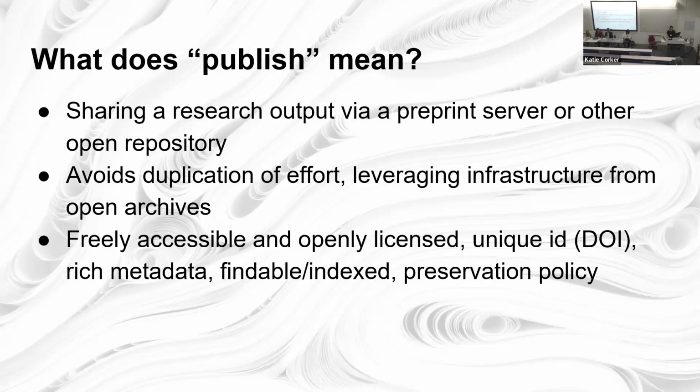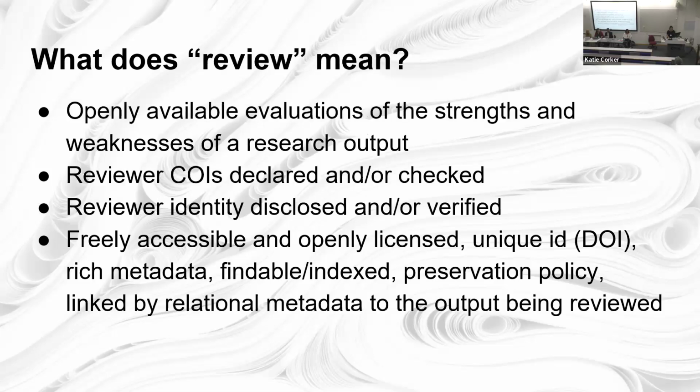The published outputs are freely accessible and openly licensed. They need to have a unique identifier. They need to have rich metadata, be findable and indexed, and be preserved under a preservation policy. So the short way of saying this is that they need to be FAIR, but that's a loaded, jargony term. And people don't always necessarily think about publishing articles, especially as being FAIR outputs, but they are. They need to be.